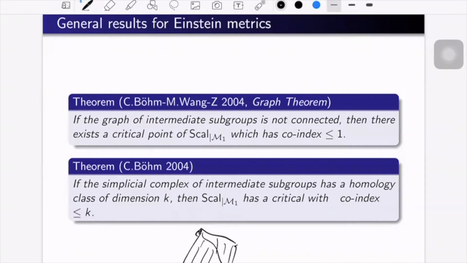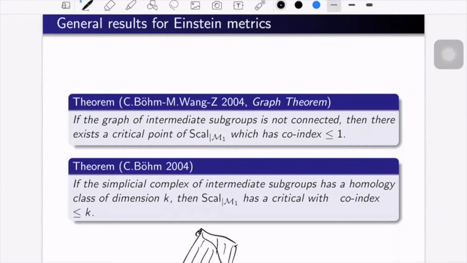So one gets saddle points. One can expect lots of saddle points. And there are many examples that satisfy the requirements of this theorem. So Christoph in his paper gave a wealth of examples where one gets critical points on this kind of topological consideration, variational calculus.